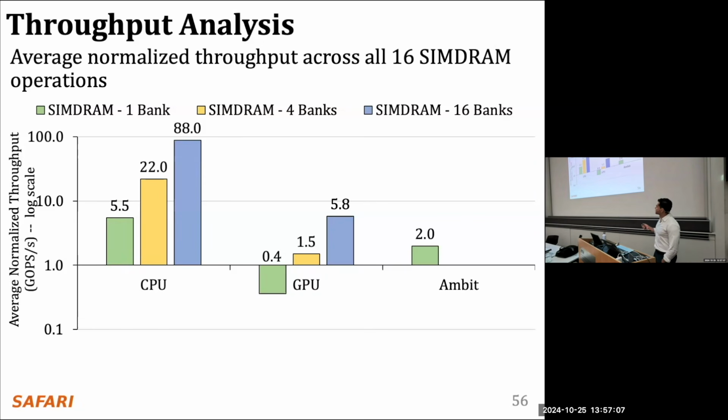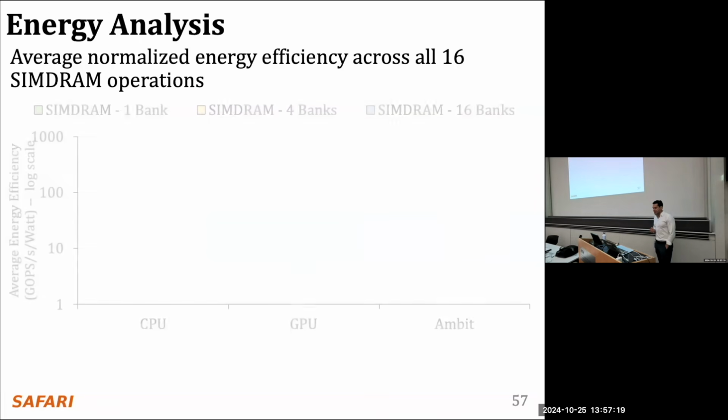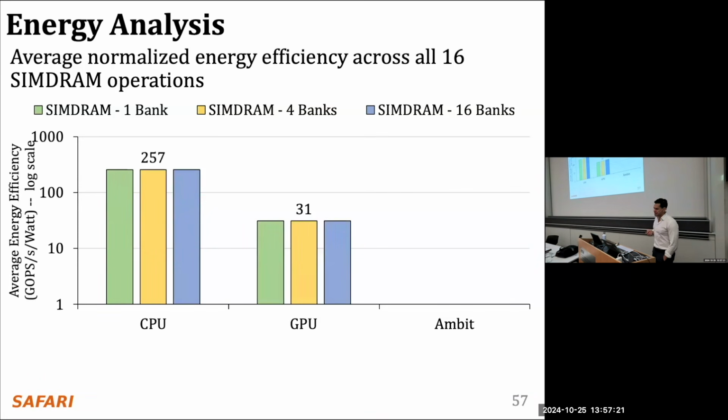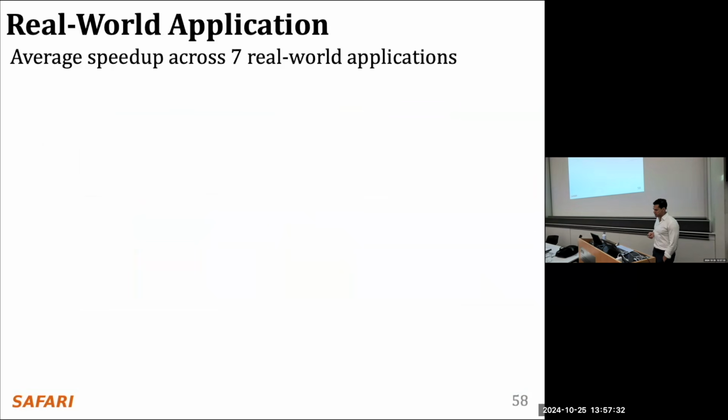And this is aggregated across all of those 16 different operations. And you also see that it can outperform the state-of-the-art processing-in-memory system at the time, Ambit, as well. In terms of energy efficiency, the results are much better. We see that for those 16 operations, SIMDRAM outperforms the 3 baseline systems for energy efficiency.